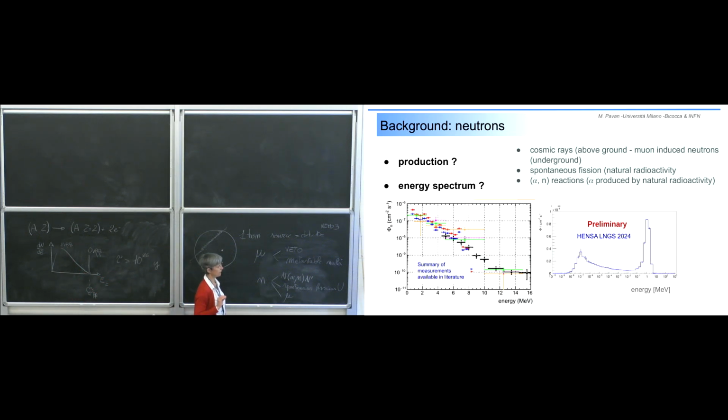So the point is, how do neutrons lose energy when interacting with matter? And how can we detect them?